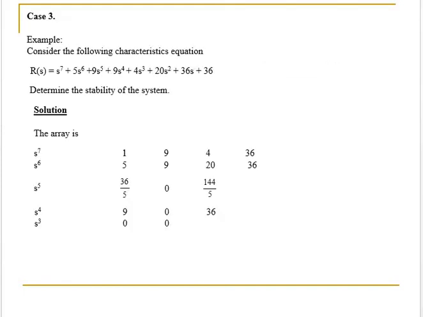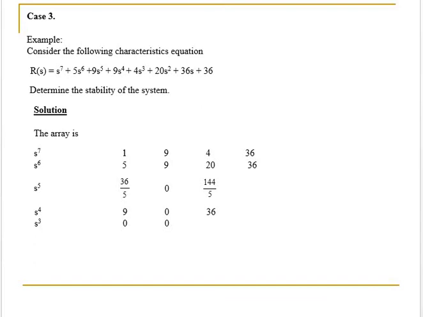Okay, next case number 3. Consider the following characteristic equation: Rs equal to s power 7 plus 5 s power 6 plus 9 s power 5 plus 9 s power 4 plus 4 s power 3 plus 20 s power 2 plus 16 s plus 16.